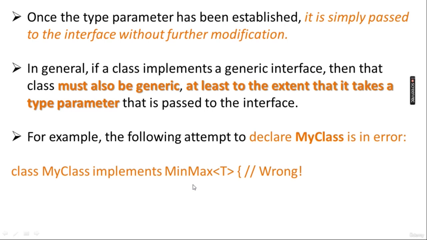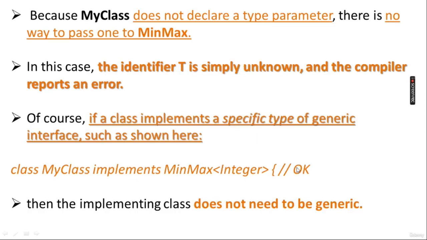For example, if you are writing like this, class MyClass implements MinMax<T>. So if it is a generic interface MinMax, your class should also be a generic class. And if your class is not generic, it will give you a compile time error.